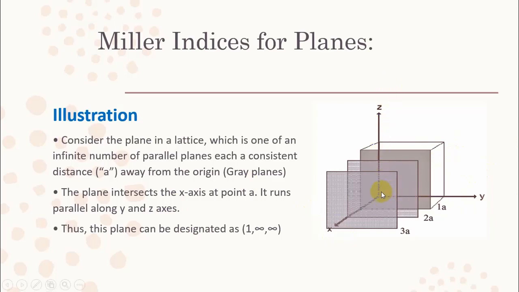If we consider a along x-axis, we have a plane parallel to both y and z-axis, which intercepts only on x-axis at a. This is the first, more intense gray plane in that case.